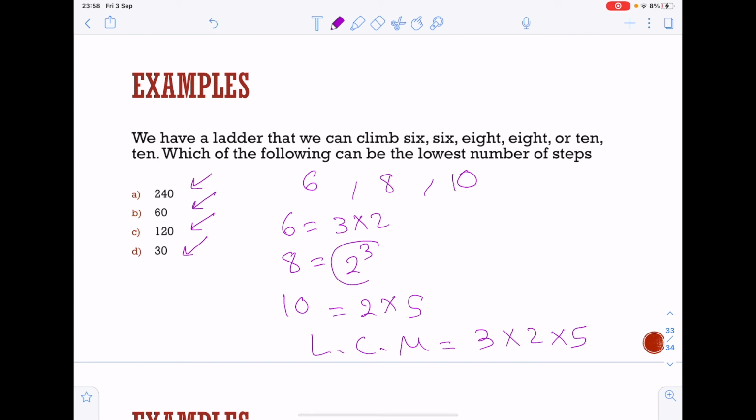Since here we have 2 to the power 3, we'll take 2 to the power 3. 8 times 5 is 40. So 3 times 40 is 120. So the answer is 120.